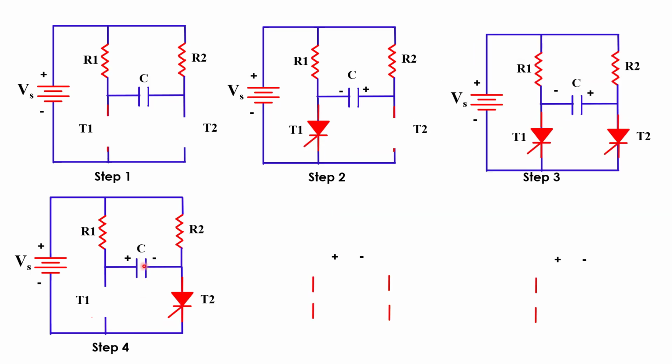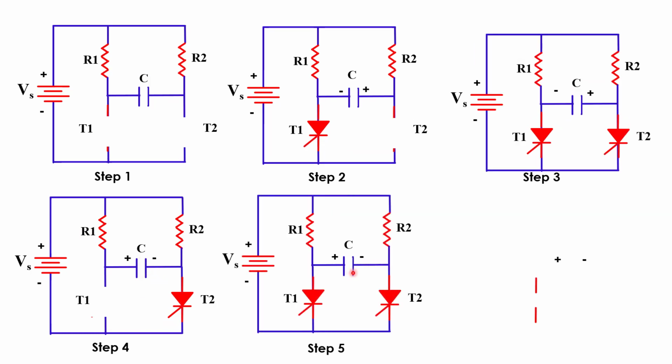This polarity of the capacitor will turn off the T2 thyristor, because the anode of the T2 thyristor is connected to the negative of the capacitor. That will make the T2 thyristor turn off and behave like an open switch.